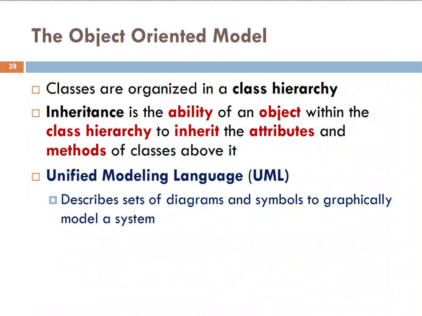Then we come to the concept of inheritance, which is the ability of an object within the class hierarchy to inherit the attributes and methods of classes above it. Okay, so inheritance ni of course lah, kalau contoh atas tadi macam haiwan berkaki, haiwan bawah dia tu haiwan berkaki 4, berkaki 2.